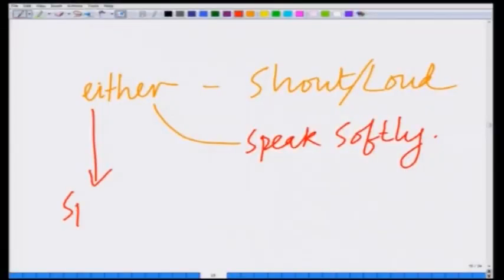So, speaking loudly or shouting is frequently a dominant strategy in such events, and therefore, what you find is everyone choosing their dominant strategy, which is to have a loud conversation, and that is what you find frequently happening. This is a very practical example. For instance, if you go to a venue where you have a function or a party, you will frequently find a large number of people having loud conversations, because that is indeed the dominant strategy equilibrium, right.